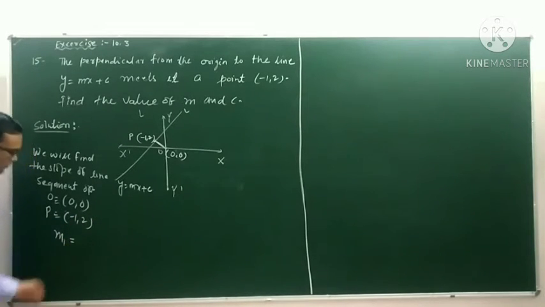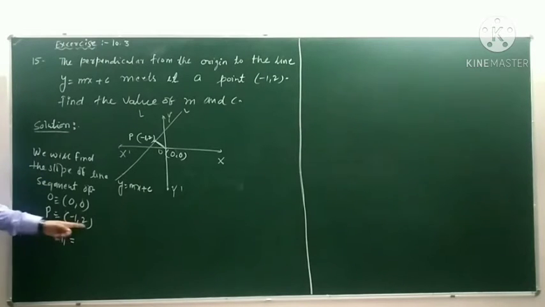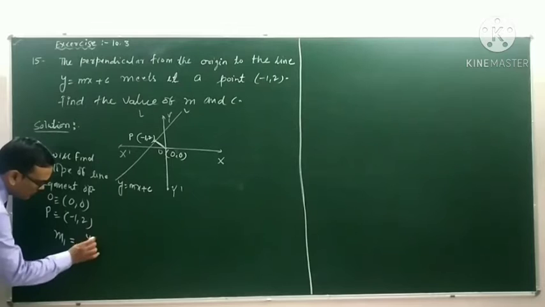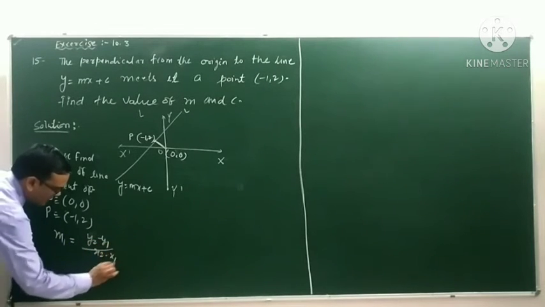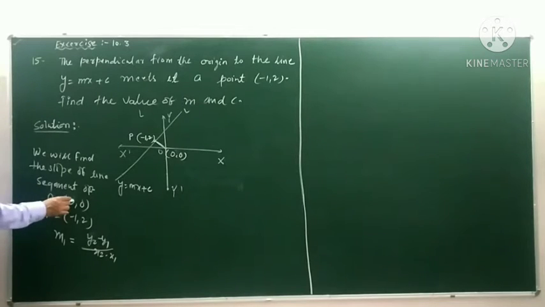We suppose that m1 is the slope of the line segment OP. m1 equal to (y2 minus y1) upon (x2 minus x1), where the points are (x1, y1) and (x2, y2).